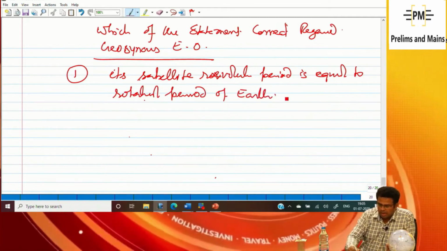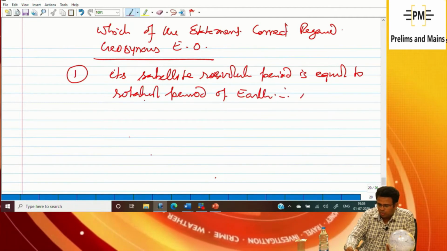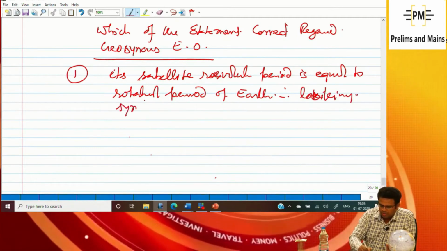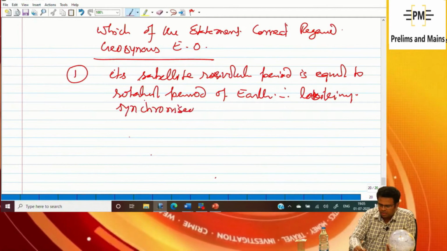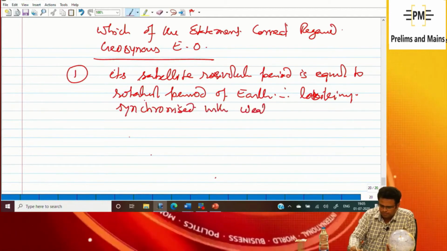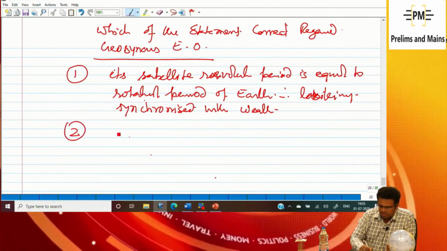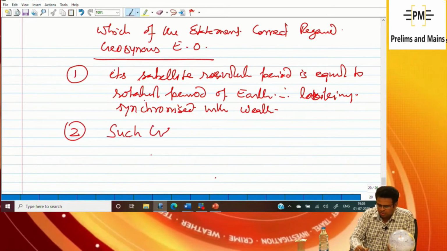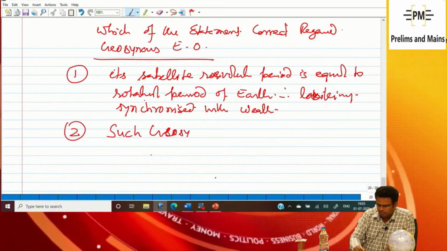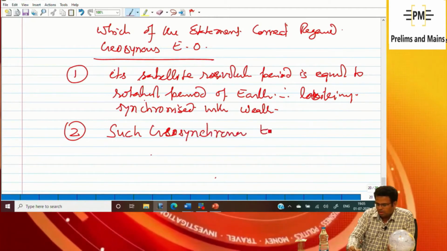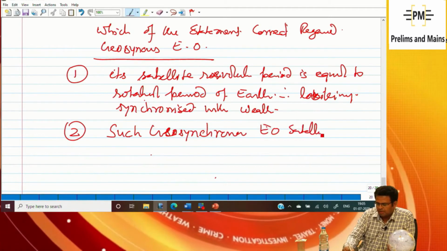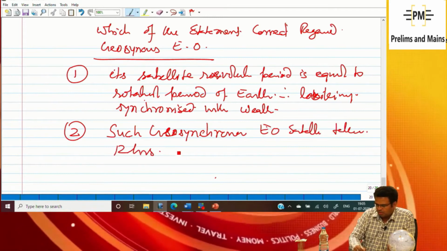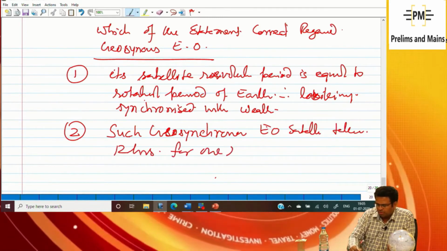Clear? And therefore looking synchronized with earth. Second, such geosynchronous earth orbit satellite takes 12 hours for one revolution.